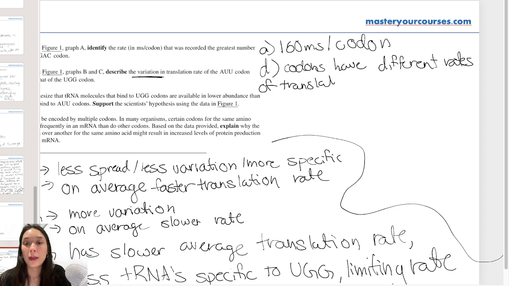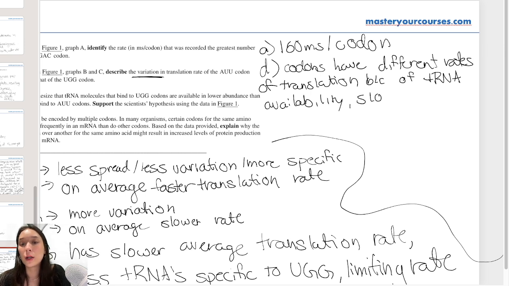And to justify that, or to give an explanation why, I would say because they're limited by how many tRNAs they have. So codons have different rate of translation because of tRNA availability. Slower translation.